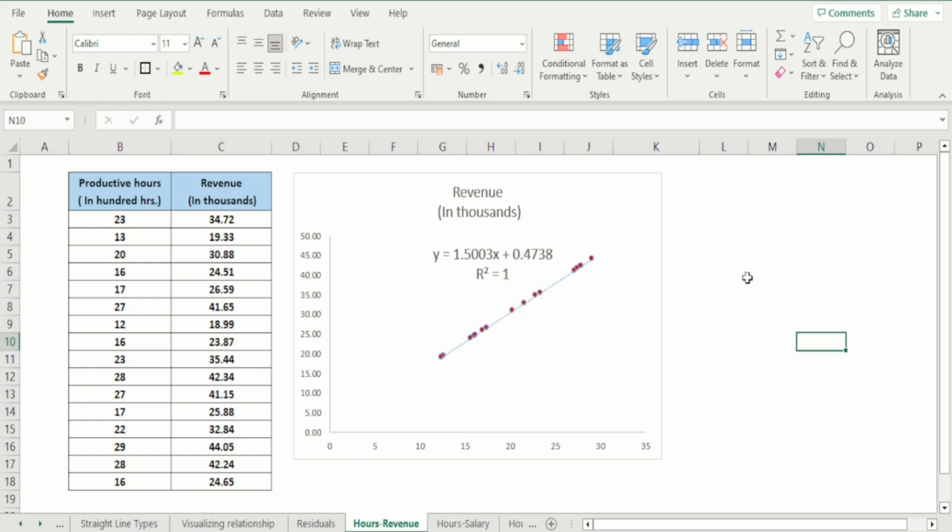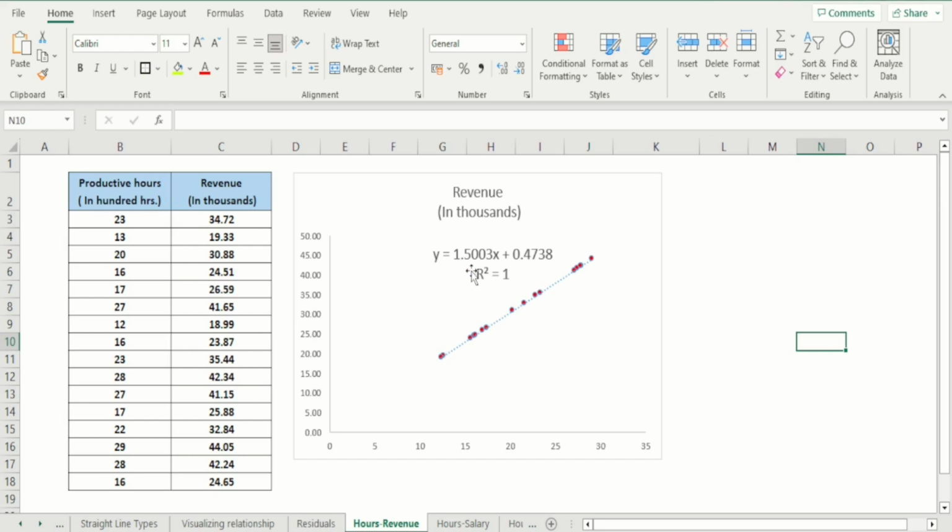So when r square is 1, which means that your entire variance in the dependent variable is explained by x. Or in other words, there is no unexplained variation. The entire variation is explained. So this is a completely linear relationship. That's why the R square is 1 in this case.